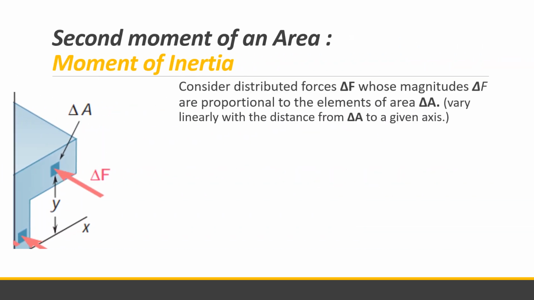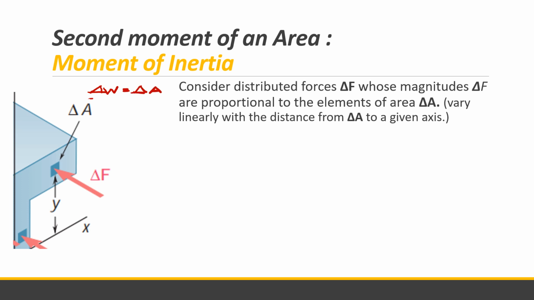So consider a distributed force F, whose magnitude delta F is proportional to the elements of area. From the previous chapter, in determining the centroids, we tackled that the delta weight is equal to or proportional to delta area.